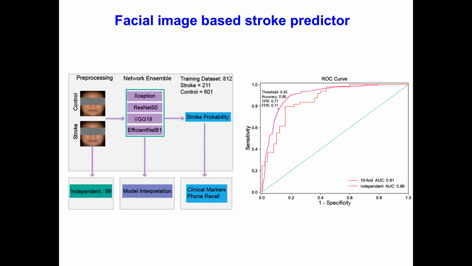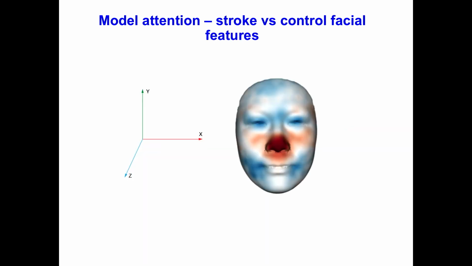The accuracy is also about 0.8 something. In fact, this is already higher than the current CT or MRI. And I'm going to show you a more detailed comparison later.